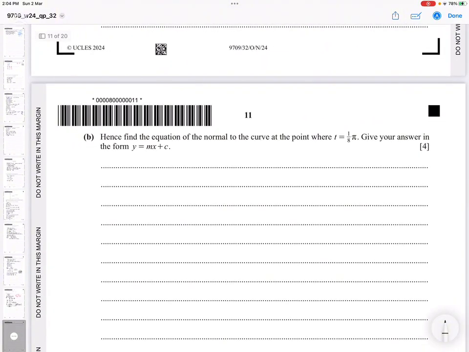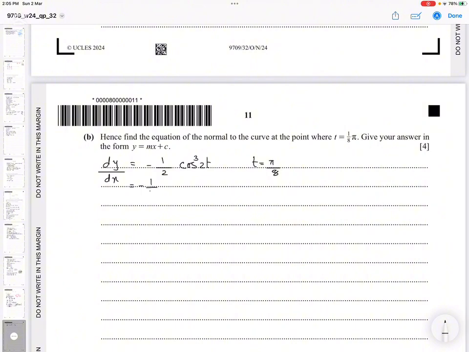In B part, hence find the equation of normal to the curve at the point where t is equal to pi by 8. Give your answer in the form y equals mx plus c. So our dy by dx was minus 1 over 2 cos cube 2t. So take t is equal to pi by 8.